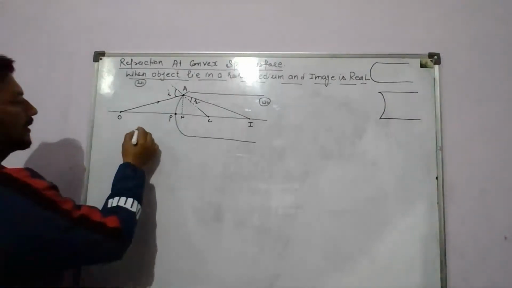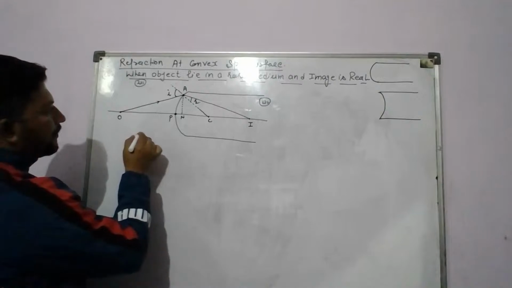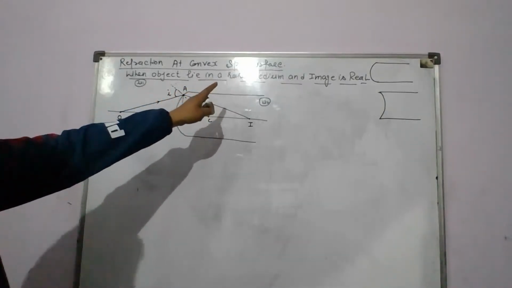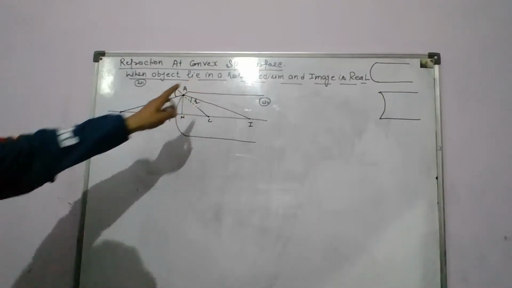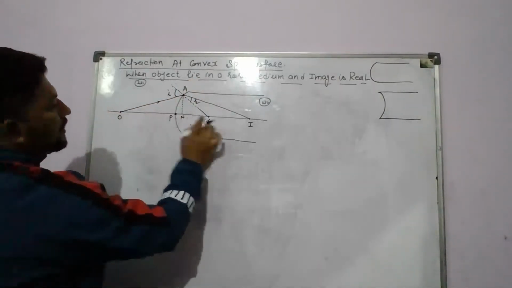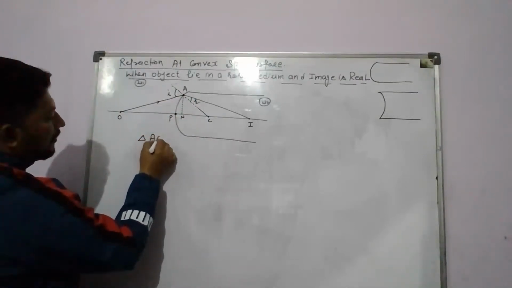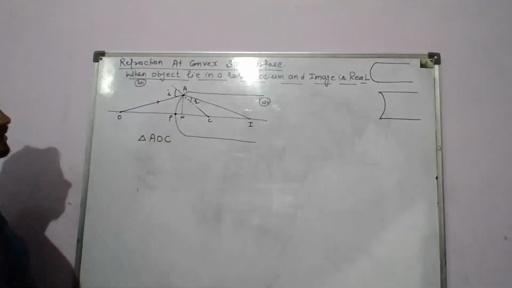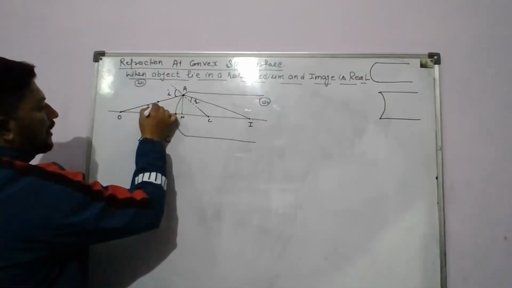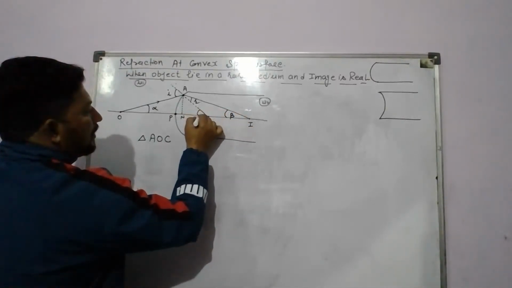First of all, you solve when the object lies in a rare medium and the image is real. Taking triangle AOC, listen carefully. Here the angles are alpha, beta, gamma.